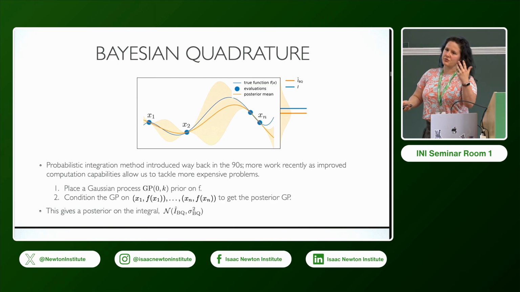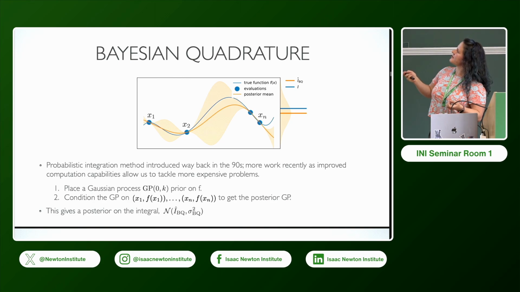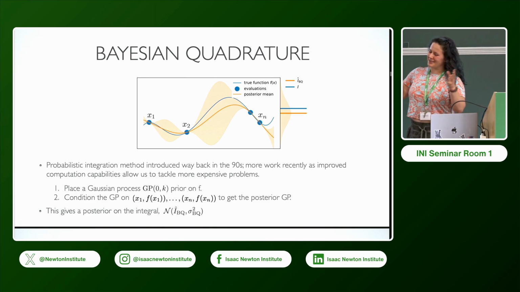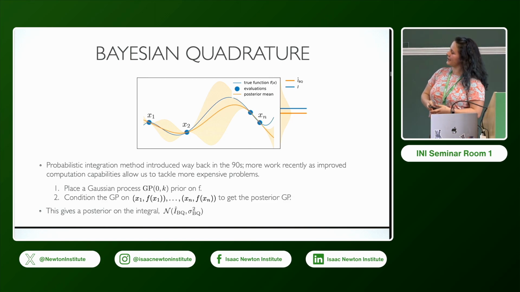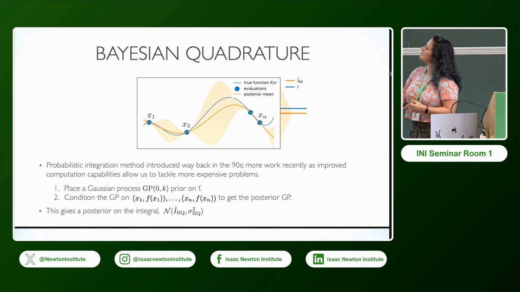For instance, we can just do this by maximizing the variance and saying, oh, the variance is greatest in here. Let's collect the n plus first point around here, and we'll get an even more confident, well, this is not particularly confident, we'll get a more confident estimator of the integral. I will not be talking about these active learning schemes here, so I'm just saying this verbally.